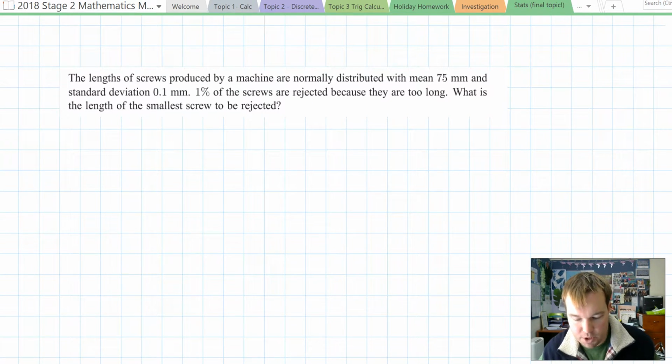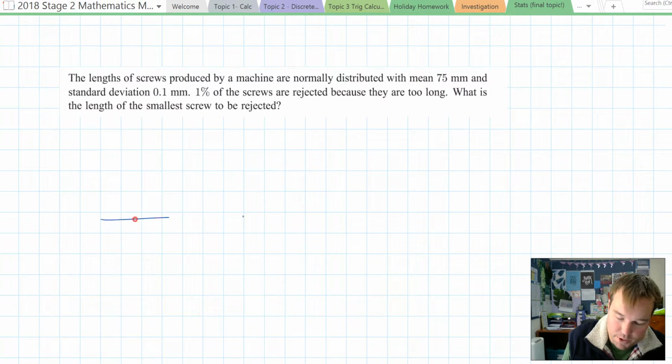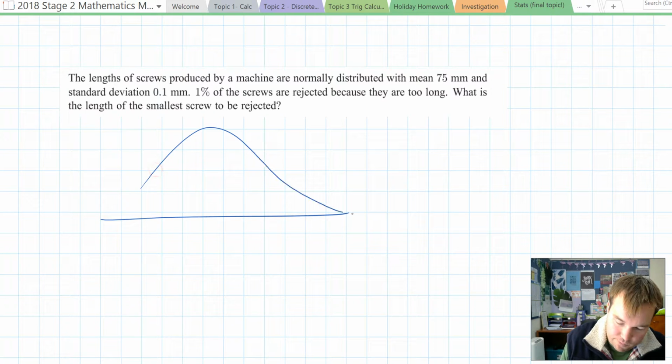Screws are produced by a machine, are normally distributed with a mean of 75 and a standard deviation of 0.1 millimeter. 1% of screws are rejected because they are too long. What is the length of the smallest screw to be rejected? So if we think about distribution here, this here is 75, and one standard deviation up is 75.1.